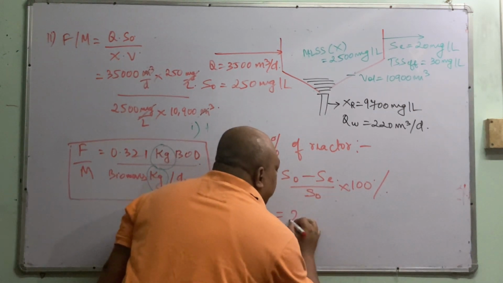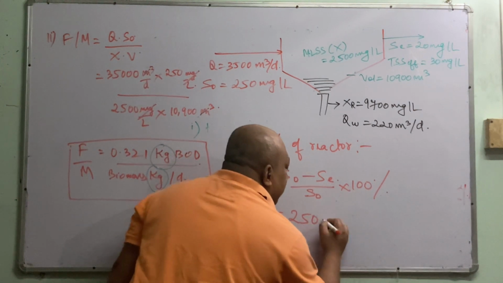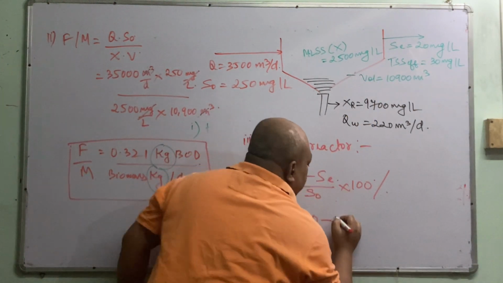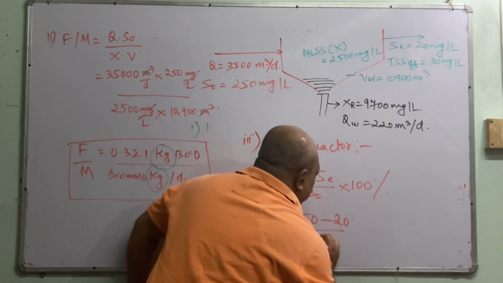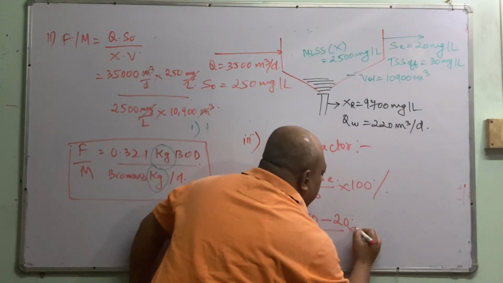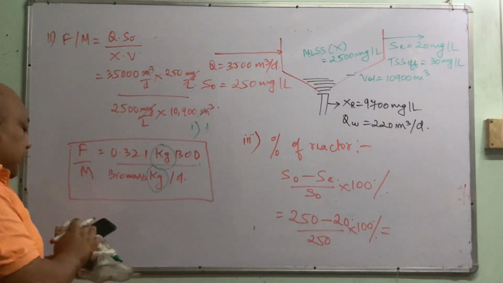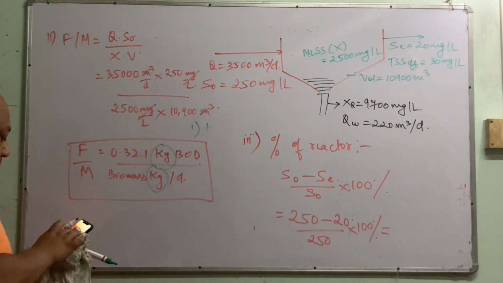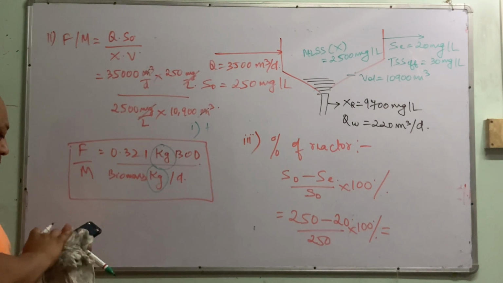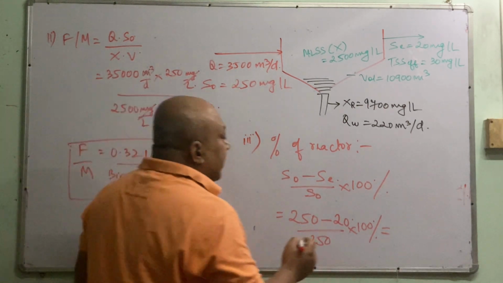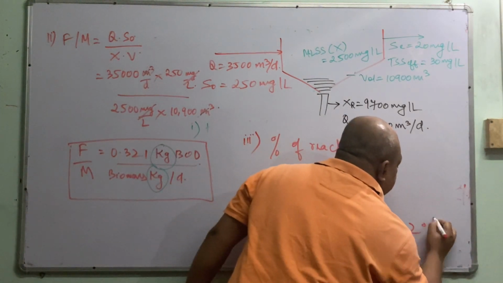So 250 milligram per liter of BOD is coming in and 20 is coming out, so 250 minus 20, divided by 250, into 100 percent. So it is 230 divided by 250, which is 92% efficiency.